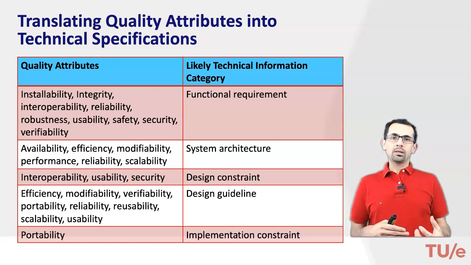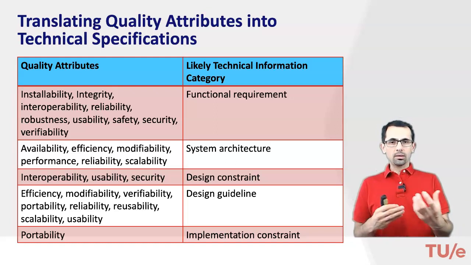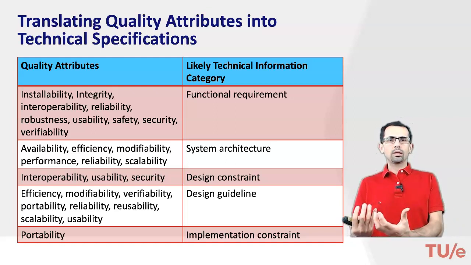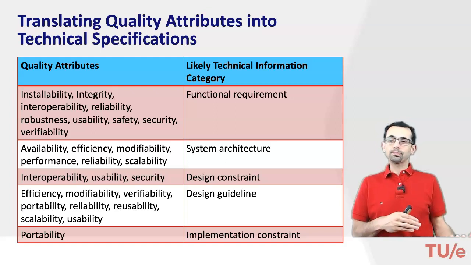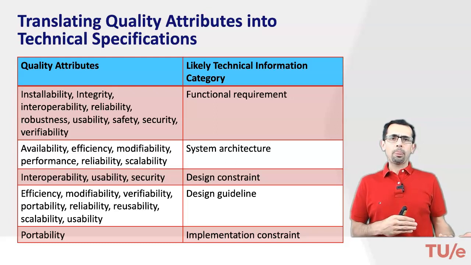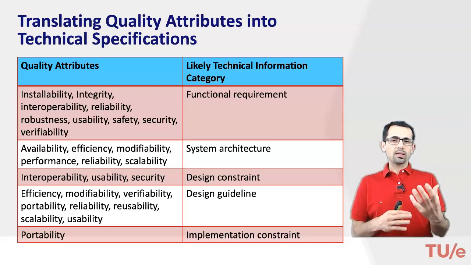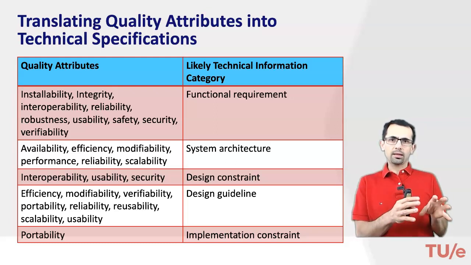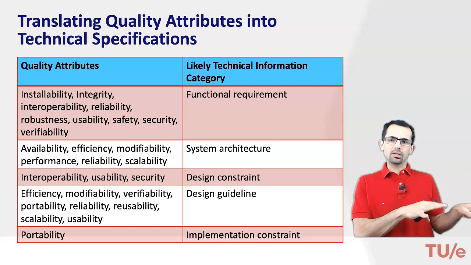Sometimes the statements about quality requirements or quality attributes are translated into system architecture. Availability, efficiency, modifiability are very good examples that later relate to system architecture.